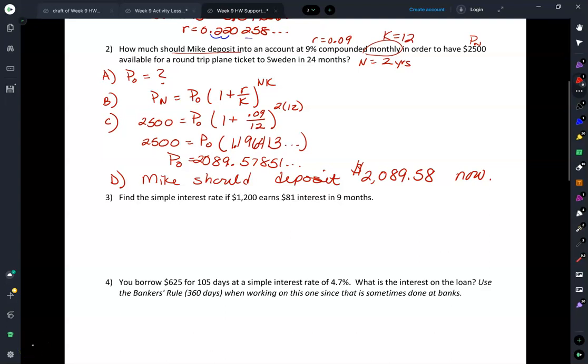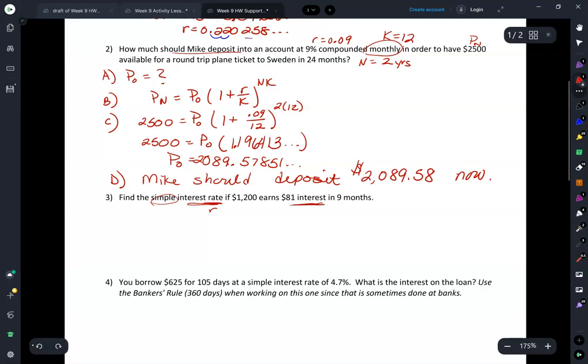And feel free to set any of these up on your own if you want, as we go. And then check them against the video. So number 3 will be find the simple interest rate if $1,200 earns $81 interest in 9 months. So we have 2 different kinds of interest things. We have the actual interest rate, which is R. This is a simple interest.